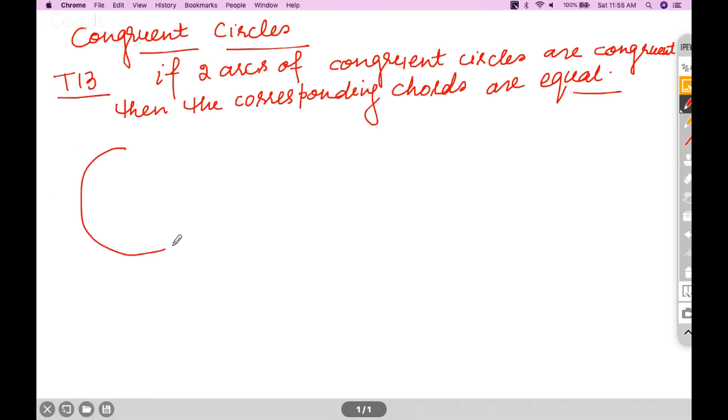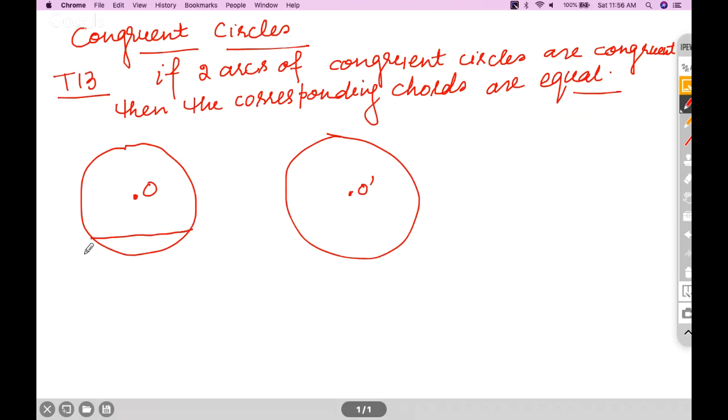So I'm taking two circles which are congruent. So this is O, and this is O dash. This is AB. This is CD.